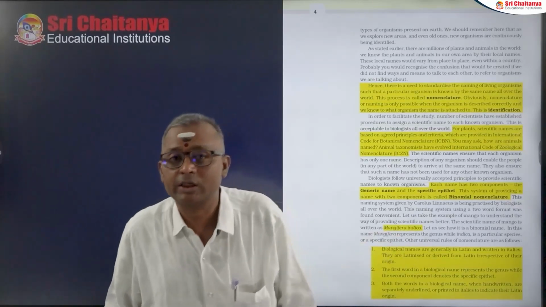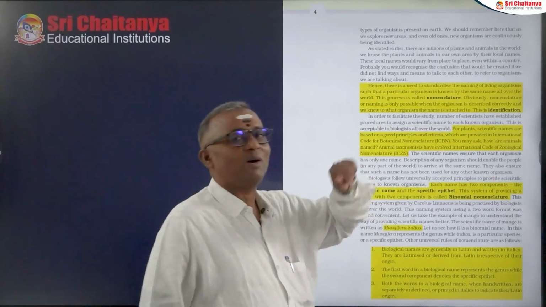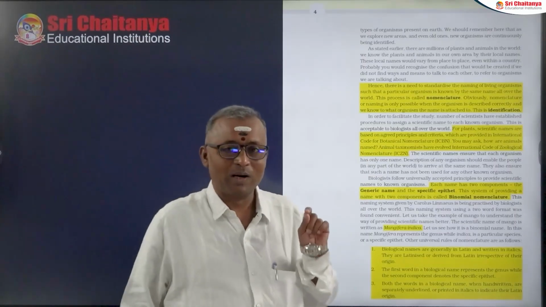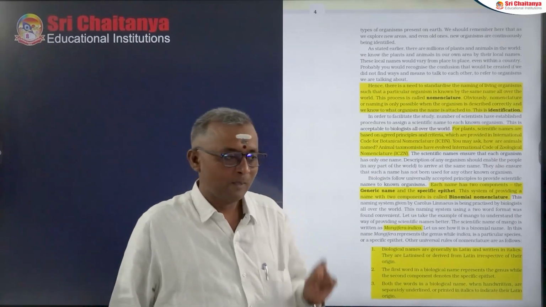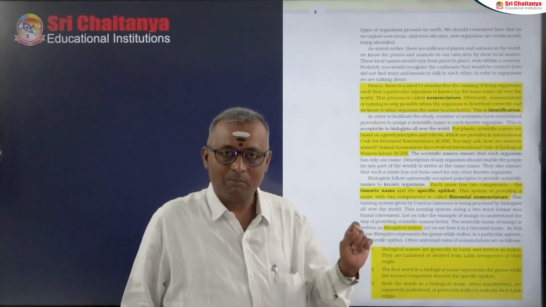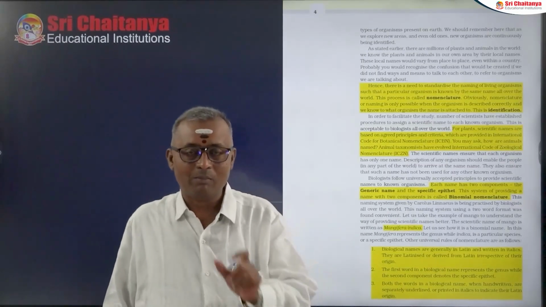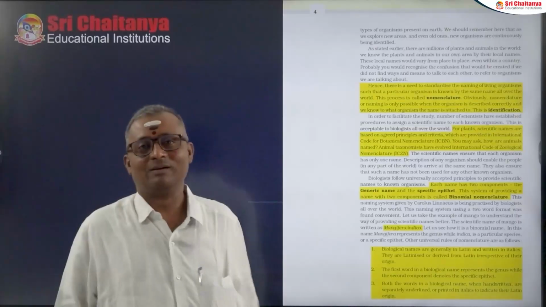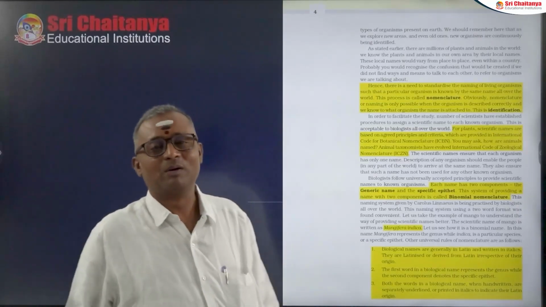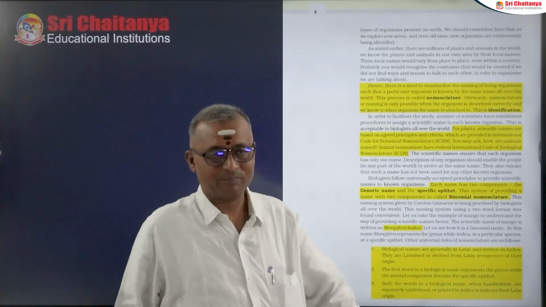It is an adjective, so it starts with a small letter. So while writing the scientific name, the first component must start with a capital letter and the second component must start with a small letter. This is another important rule that we have to remember.